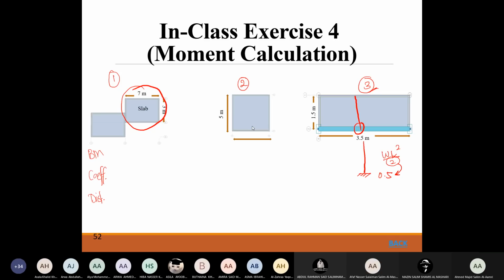Did I explain for you the cantilever and that the coefficient is 0.5? Yes, I did. Okay.